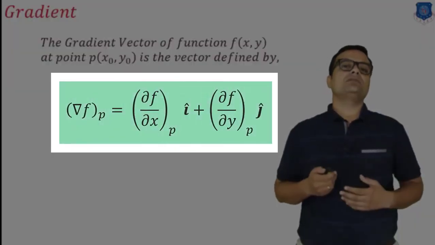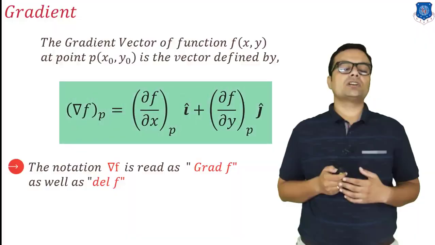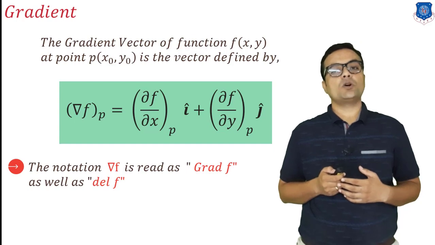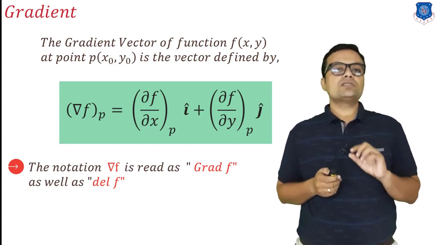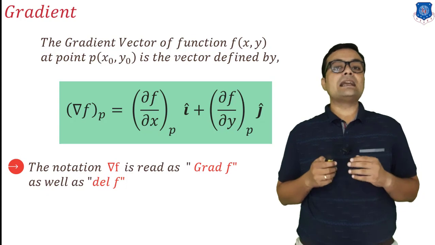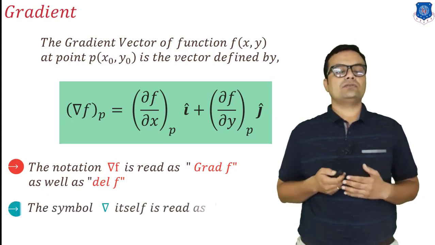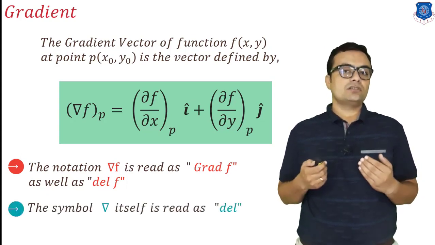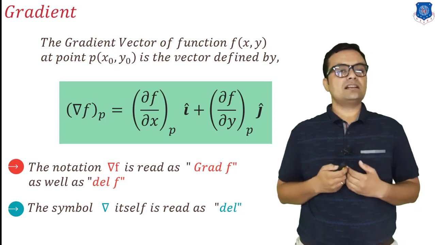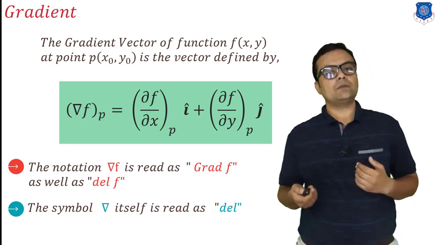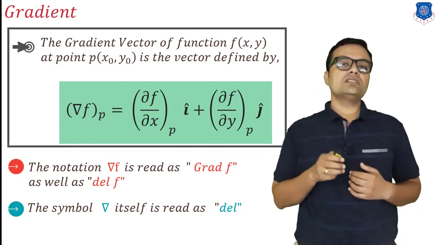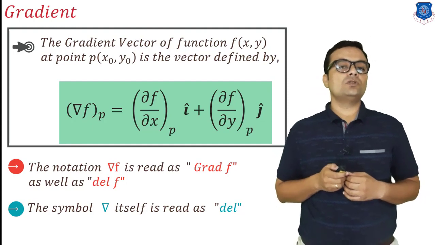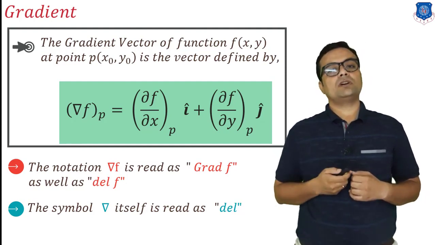This is how we define gradient for any function f of xy at point P. This notation is read as grad f or del f. You should note down this definition, as it is going to help you a lot in this chapter.